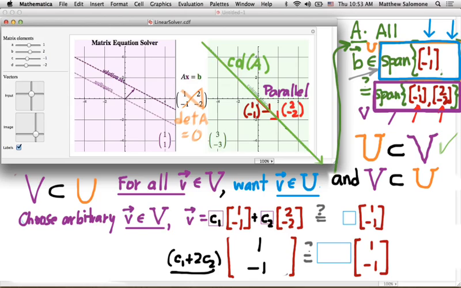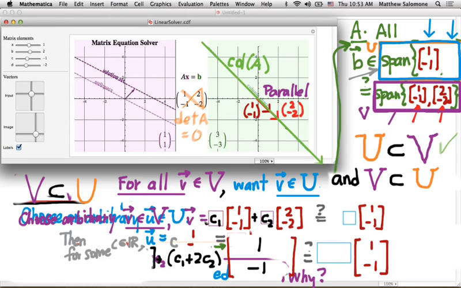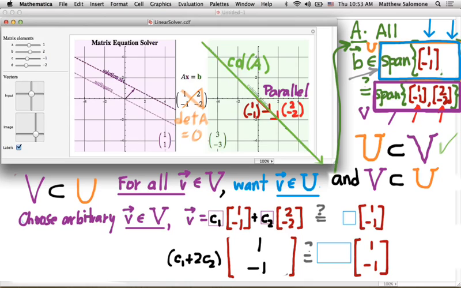And miracle of miracles, we've now shown, with this same C1 plus 2C2, our result. So in other words, any linear combination of 1, negative 1 and 2, negative 2 can be written as a multiple of 1, negative 1. Namely, the multiple we need is C1 plus 2C2.